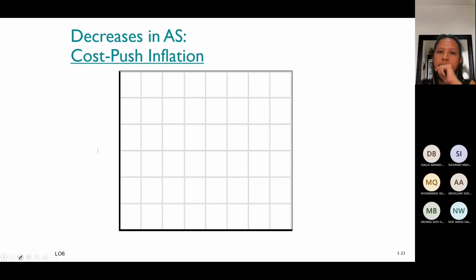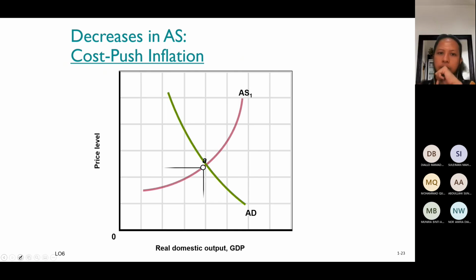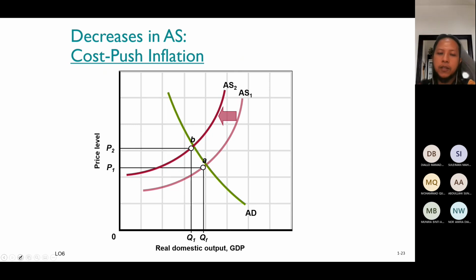And just now we looked at demand pull inflation, caused by the shift in aggregate demand. Now there is cost push inflation, that is caused by a shift in aggregate supply to the left. And this is basically, as the name says, because of the cost.